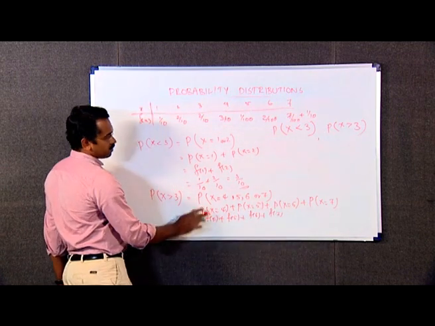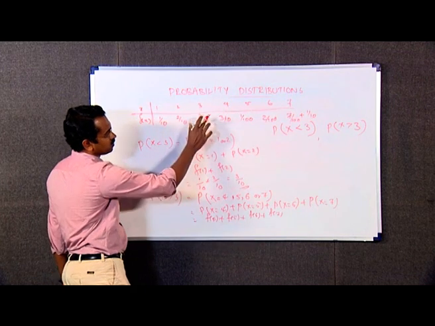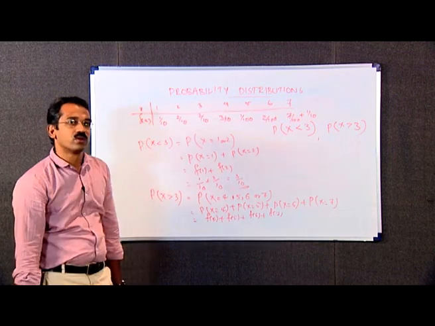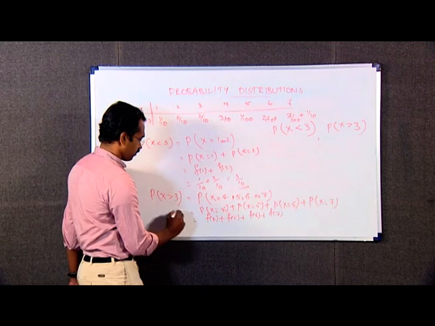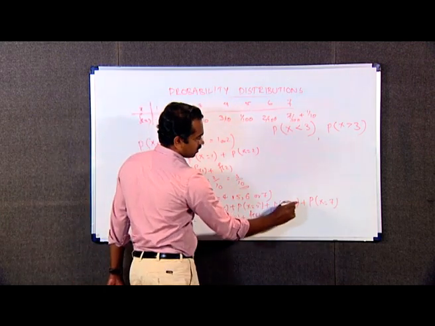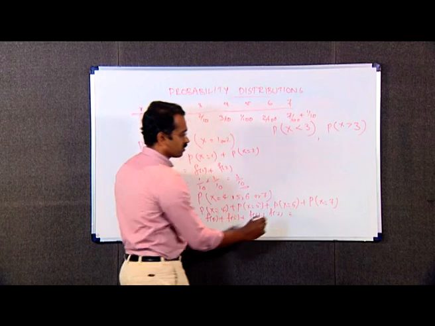If we substitute these values from the table, we get P of x greater than 3 as 19 divided by 100.